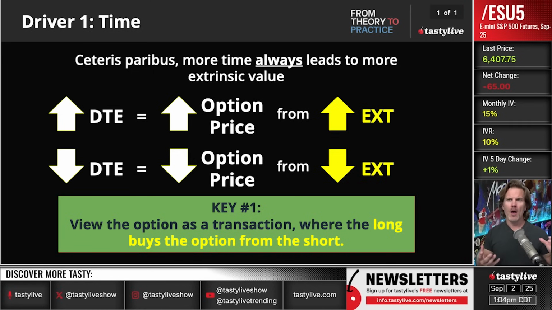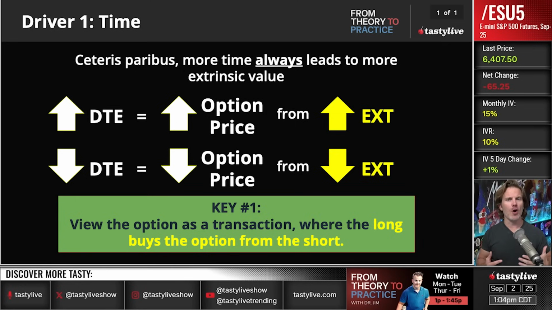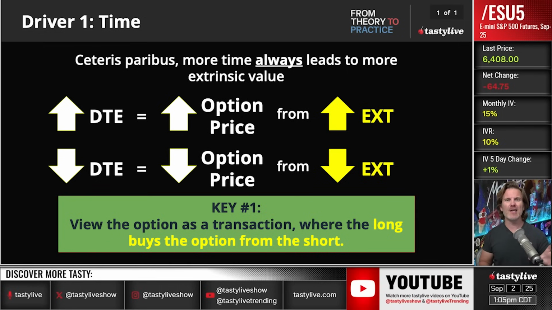Today, I want to focus almost exclusively on the intuitive side of things, and we'll probably maintain this same mantra going forward through this 3-part series on extrinsic value, because I think it's going to be the easiest to grab onto. I think it's going to allow you to mentally wrap your mind around these 3 factors that impact extrinsic value, especially if you're a brand new trader. If you're just starting out and this is all brand new to you, my hope is that this information is going to help expedite your journey across the learning curve.